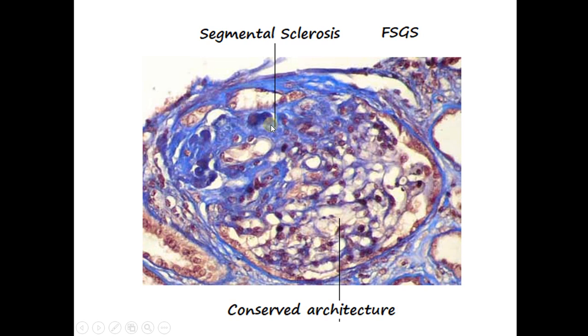In this slide we can see that after hyalinosis there is focal segmental sclerosis, and in this part of the glomerulus the segmental sclerosis has replaced the normal tissue, while some saved and conserved architecture can be seen here.